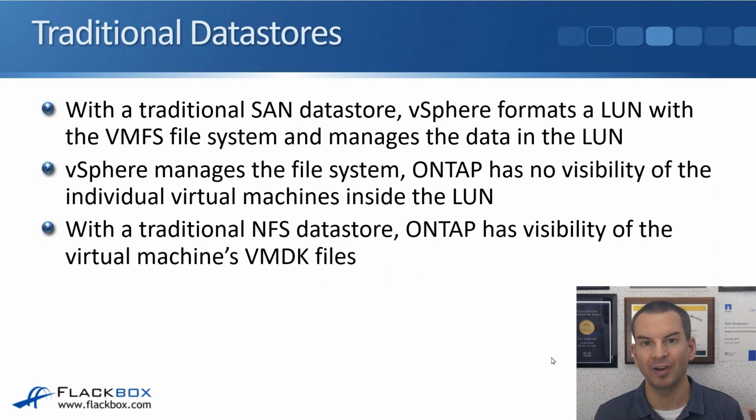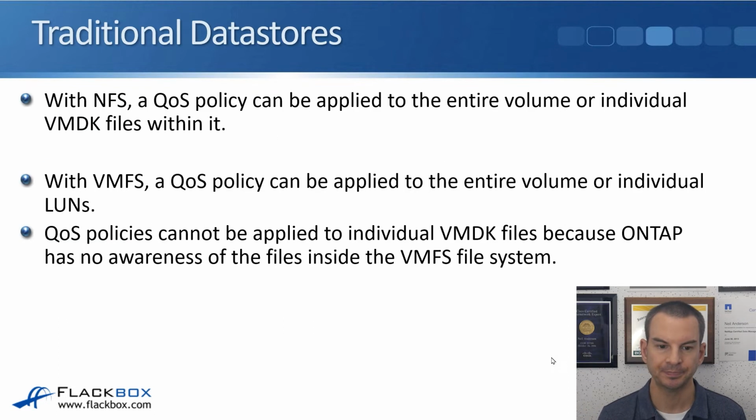With a traditional NFS data store, ONTAP does have visibility of the virtual machine's VMDK, that's virtual disk files, because with NFS, it's ONTAP that is managing the file system, so ONTAP can see the files. But with a SAN protocol, it's vSphere that is managing the file system, so ONTAP cannot see the files.